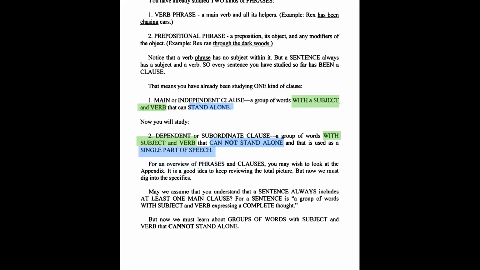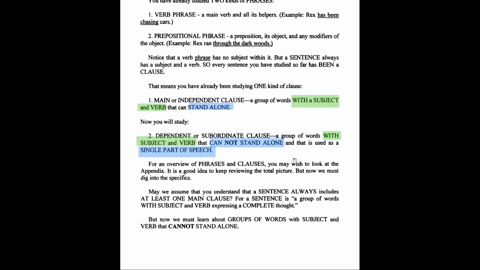So a dependent clause is similar to a phrase in that both cannot stand alone and both act as single parts of speech. So that means that we have a phrase and a dependent clause. They're both groups of words. They both cannot stand alone, and they both act as single parts of speech.